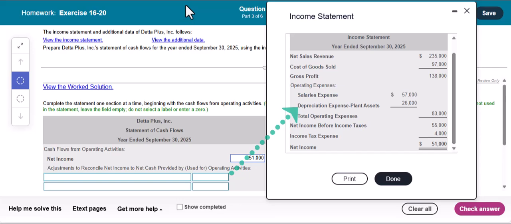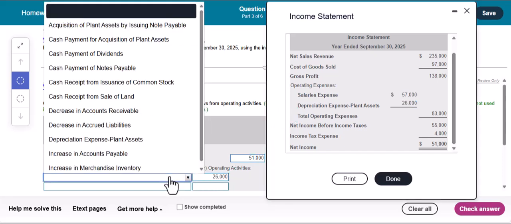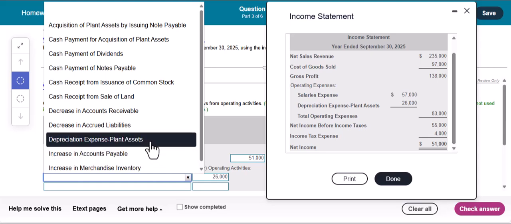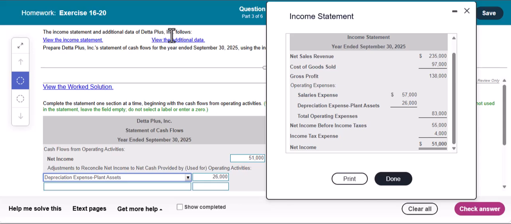Here's our depreciation for $26,000. Since we're adding that back in, paste that in the first cell for $26,000, and that is depreciation expense, plant assets. We don't have any depletion or amortization.